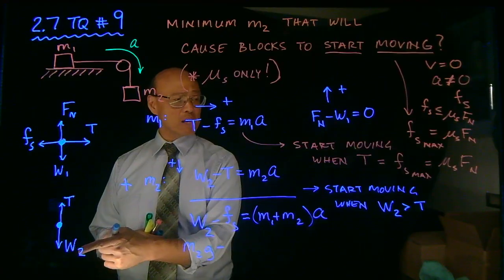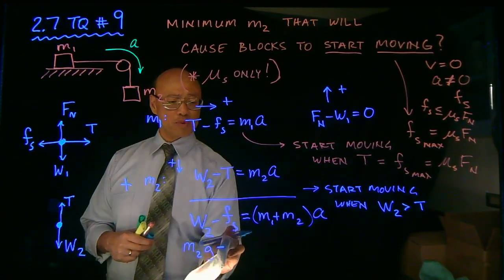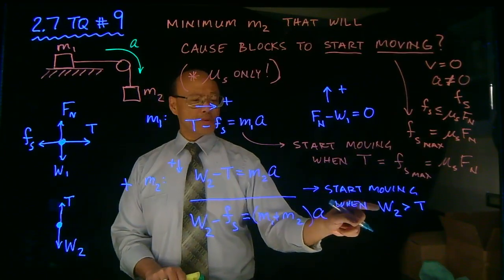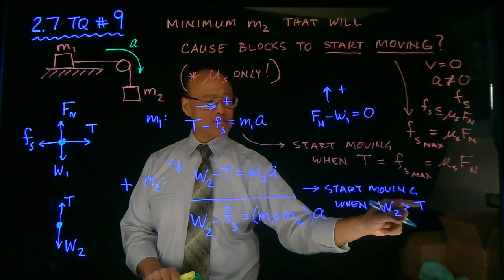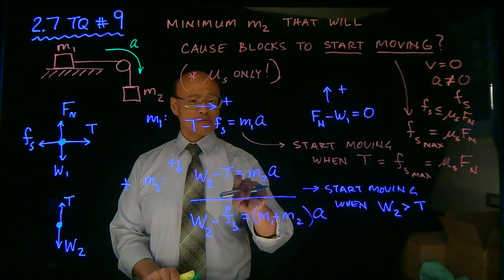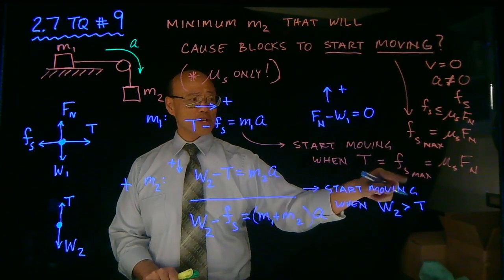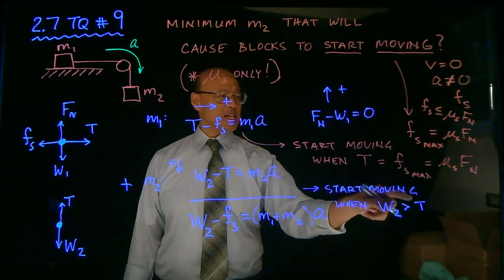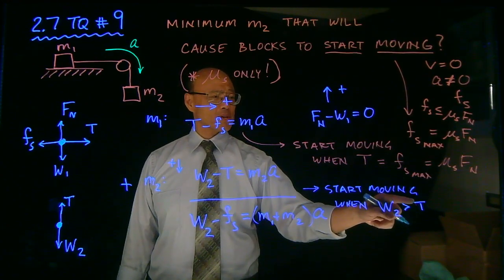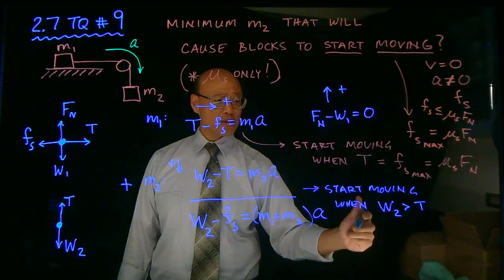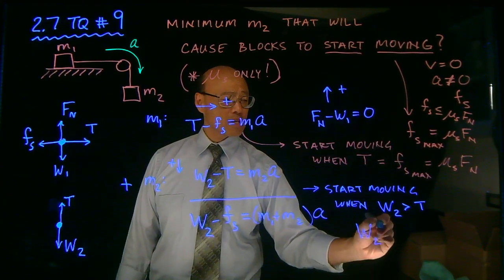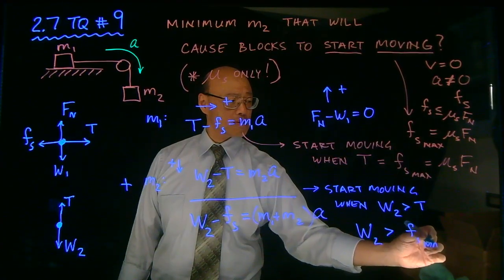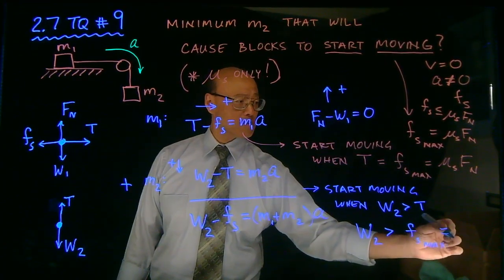W2 is just M2G. So let me pause this. When W2 is greater than T, then all that will play out. But these T's are the same. So it's going to start moving when W2 is greater than Fs max, which is equal to mu s Fn.